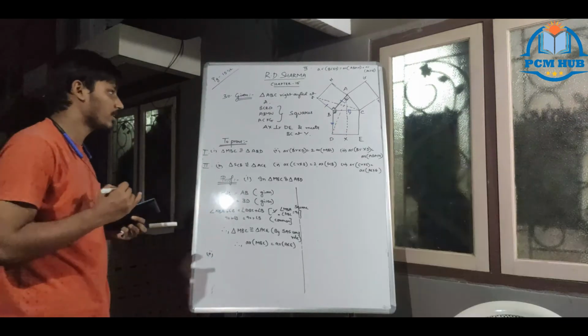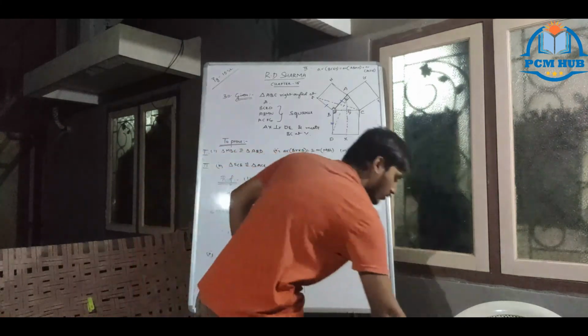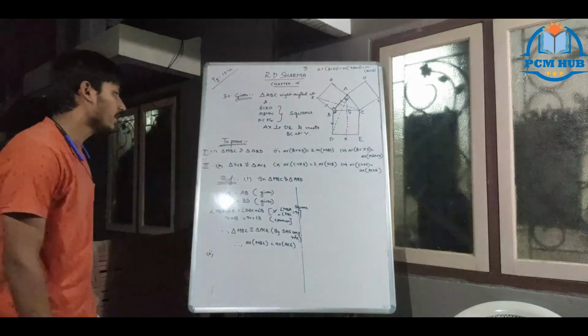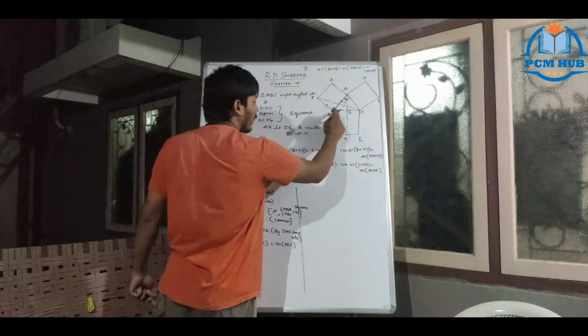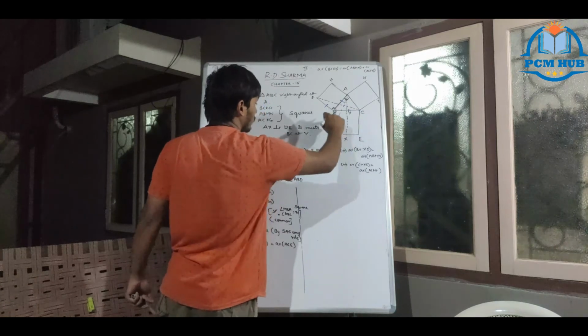The second part is beginning here. So we need BYXD. BYXD means this small one.